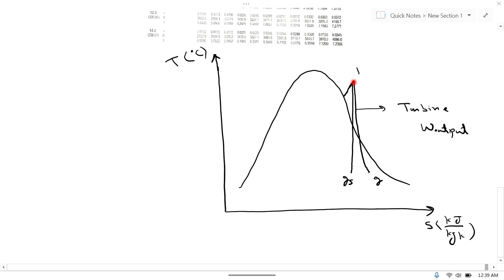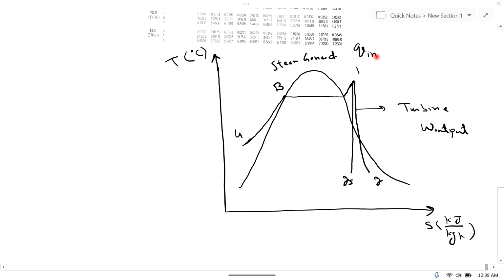Point 1 is in the superheated region. This is point 1, and this is point 4. From point 4 to 1, this is the steam generator, and steam generator heat is supplied to the system.